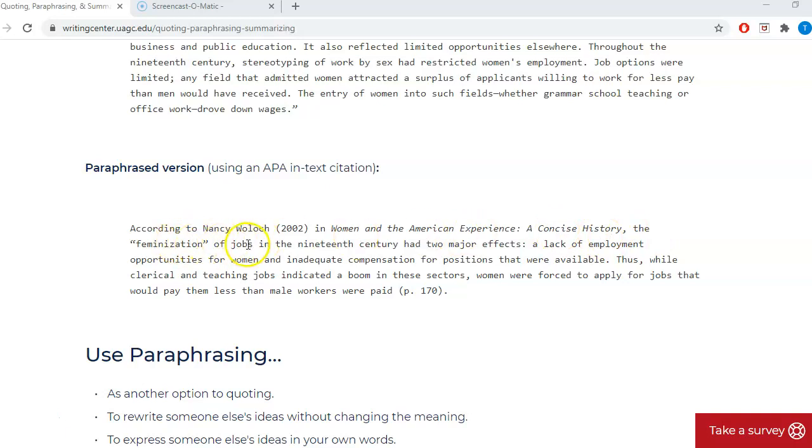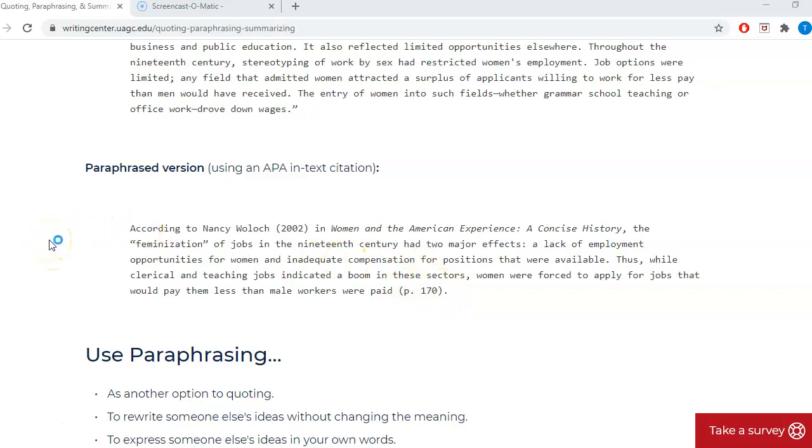The feminization of jobs in the 19th century had 2 major effects: a lack of employment opportunities for women, and inadequate compensation for positions that were available. Thus, while clerical and teaching jobs indicated a boom in these sectors, women were forced to apply for jobs that would pay them less than male workers were paid, and they also indicate the page number.